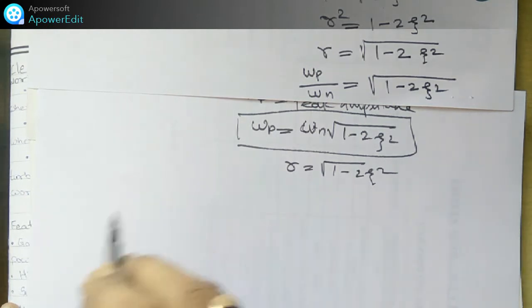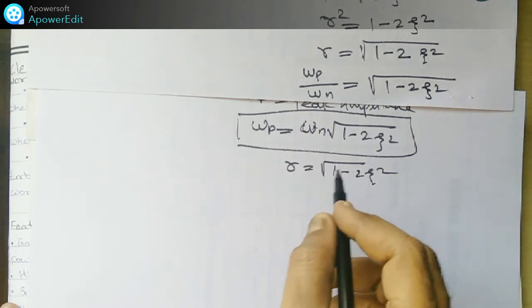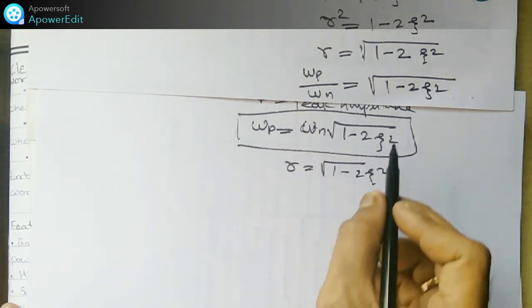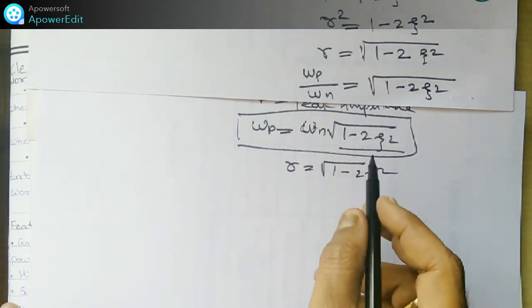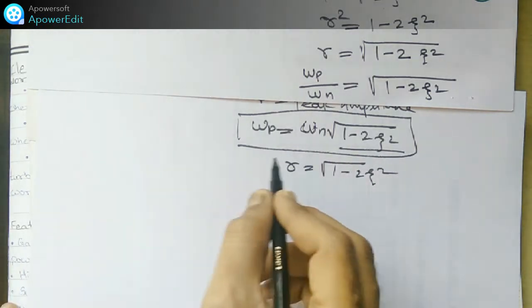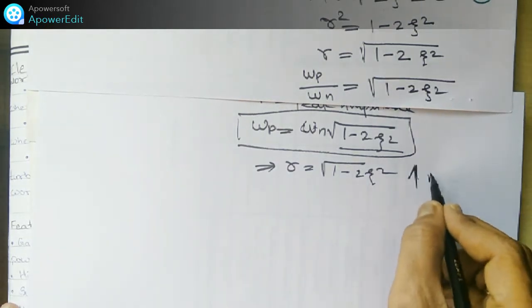To occur, this term becomes greater than 0. If we want the maximum value of r, how is it possible?